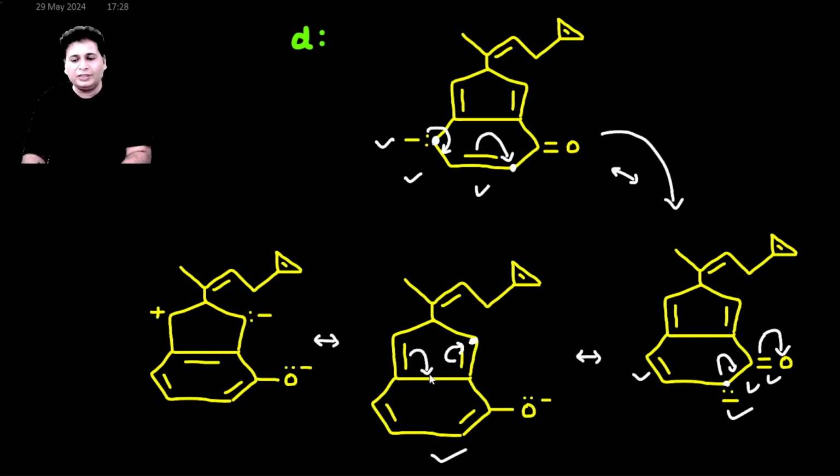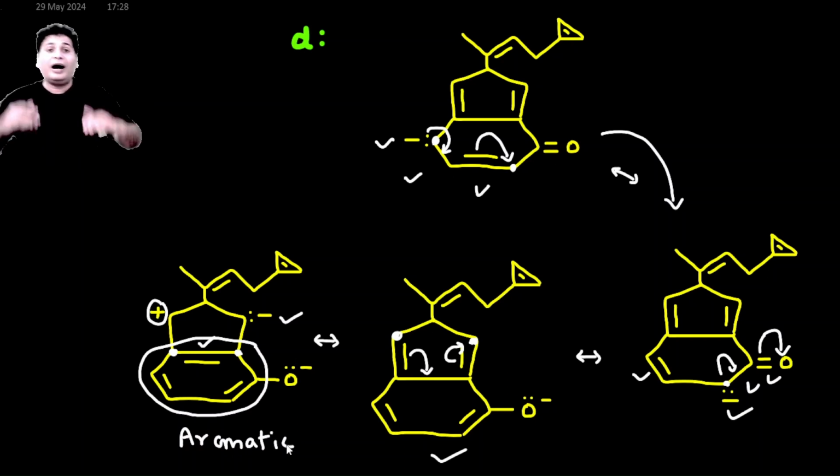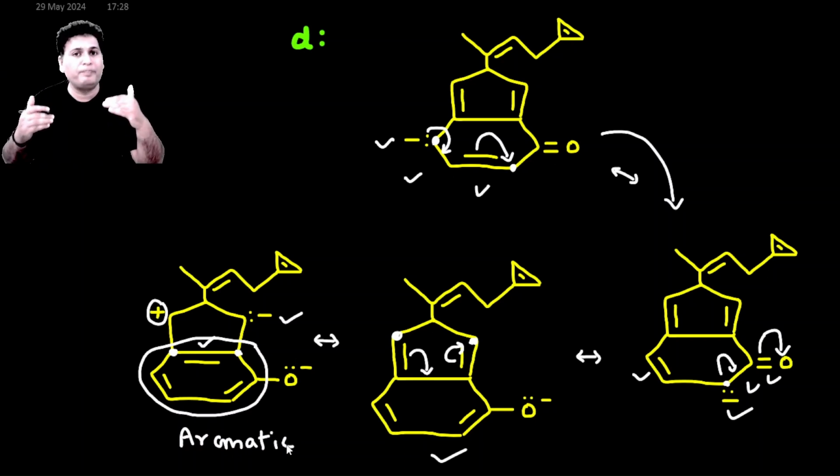Now as you do this, this carbon is going to lose the electron and will get a positive charge. This carbon is going to get the electrons in the form of a lone pair and therefore a negative charge, and a new pi bond is going to be developed between these two carbons. And as it happens, this particular anion acquires a benzene ring and it gives an aromatic character. You should understand, the upper ring now plays a part.